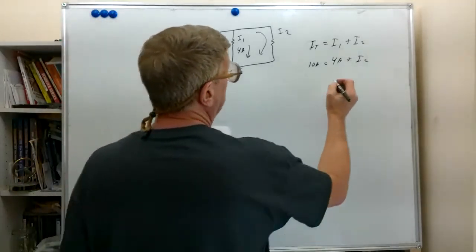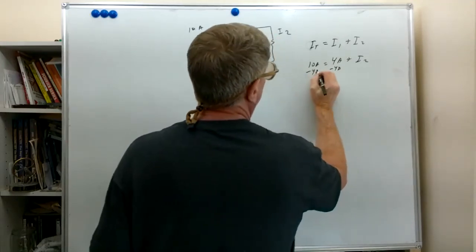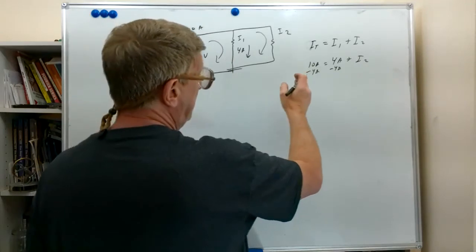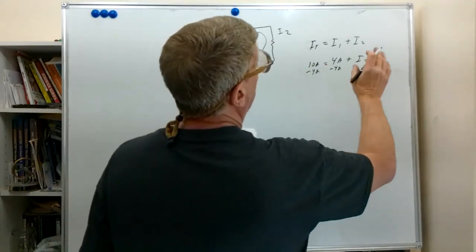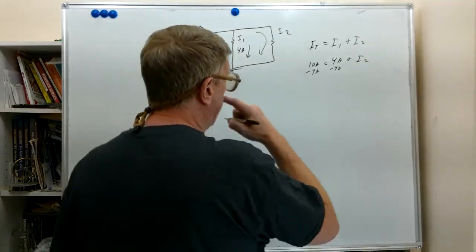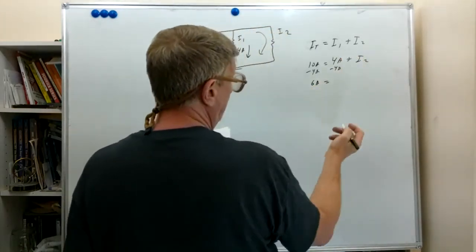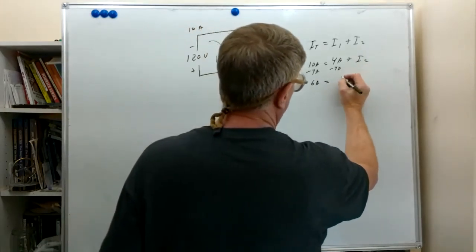How are we going to do that? We're going to subtract the 4 amps from both sides in order to keep this equation balanced. Our goal is to get all the knowns, which are the 10 amps and the 4 amps, on one side of the equal sign with only a single variable on the other side. Well, 10 amps minus 4 amps leaves us 6 amps. And 4 amps minus 4 amps is 0 amps, so we don't even need to write it, but we still have I2.